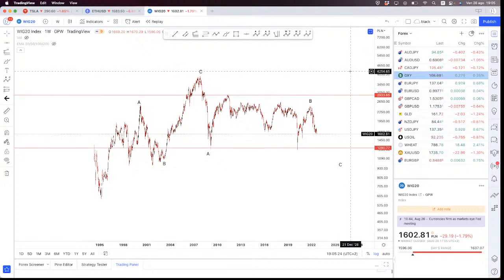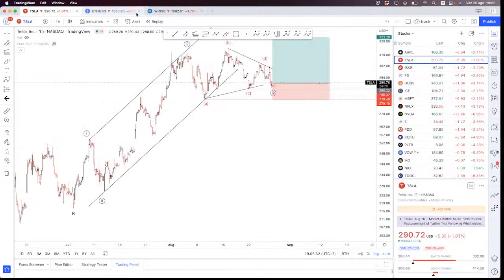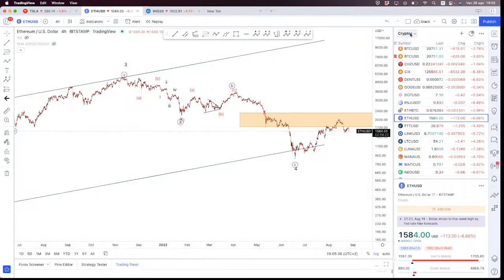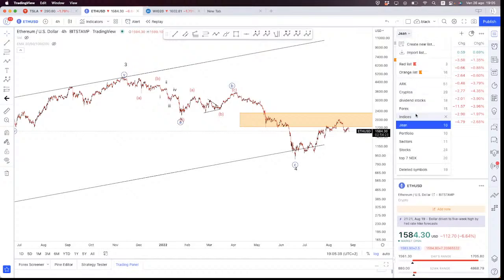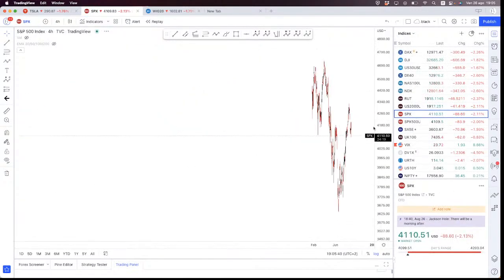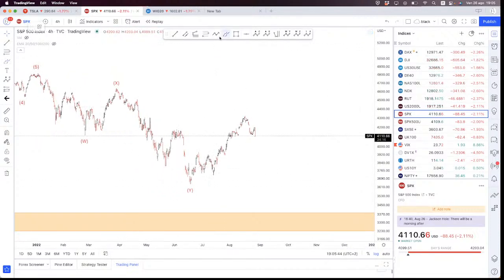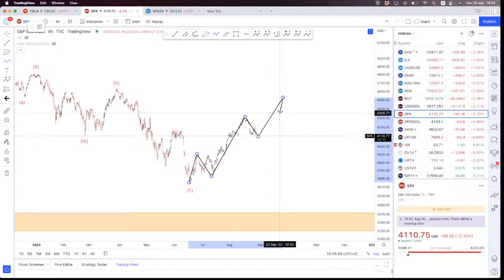So Ray is asking about the S&P. Will it end this year? I wish I could tell you, man. I don't have a crystal ball. But what I can say is that right now, could this turn into a 5-wave move? Maybe. Why not? So why don't we just wait and see if it can turn into a 5-wave move?